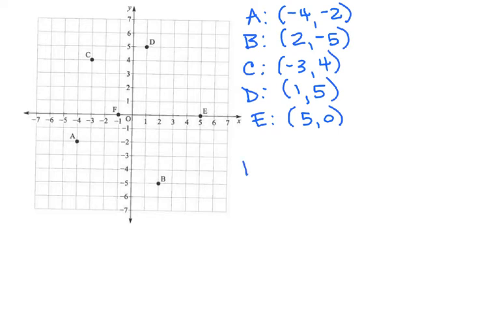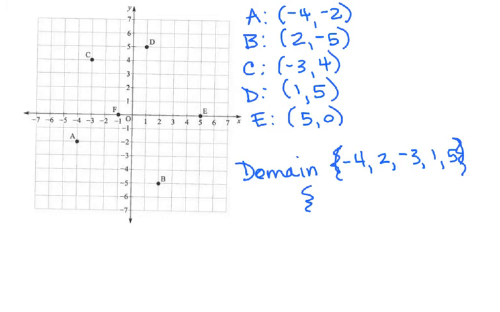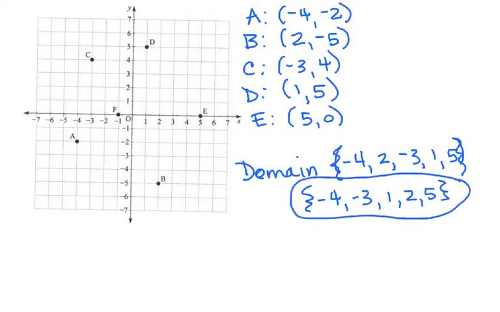So our domain, the set of all inputs that went into this function, is -4, 2, -3, 1, 5. And you'd actually want to clean that up, put set brackets on it, and put it in order: -4, -3, 1, 2, 5. There's your domain.